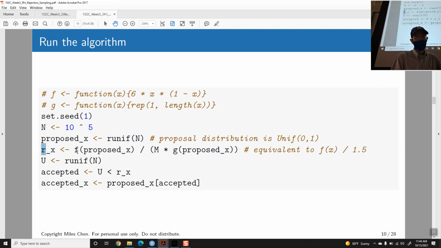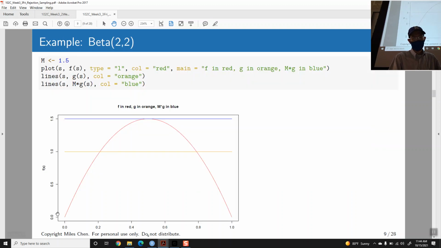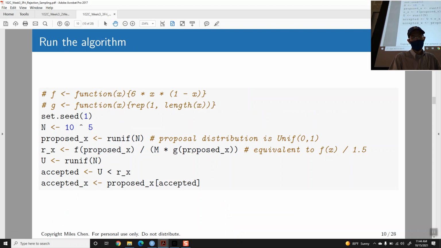Here's my proposed x value, whatever it is. We calculate f of the proposed x, which is sometimes low, sometimes high, and divide by m times g. G of the proposed x is 1, so m times g is just 1.5. This part down here is just a constant.